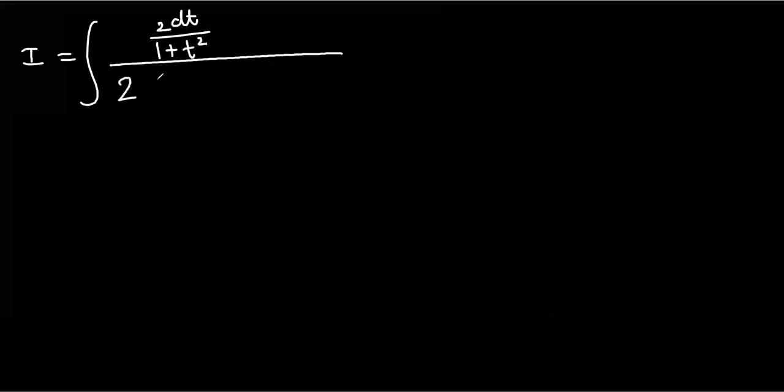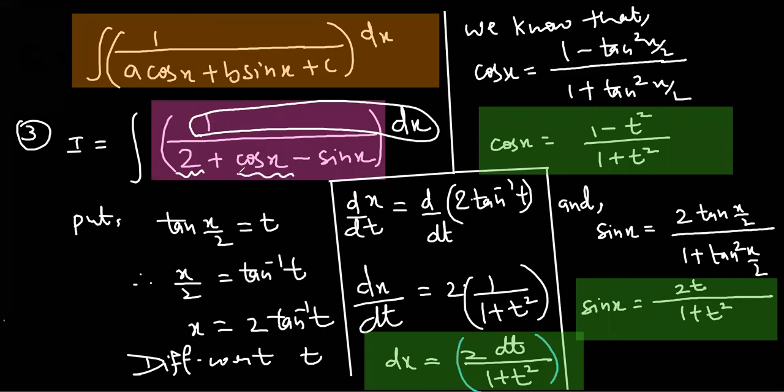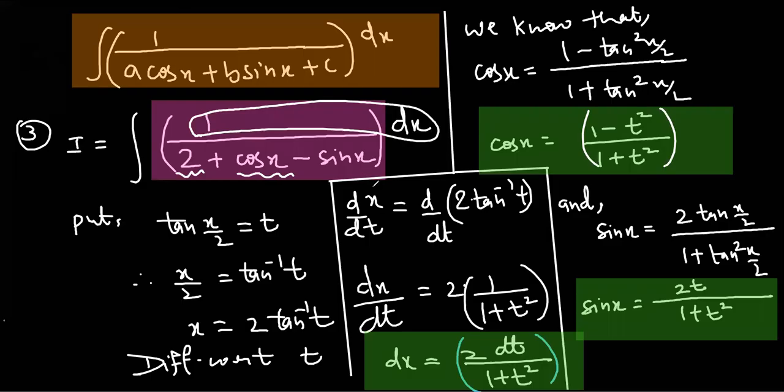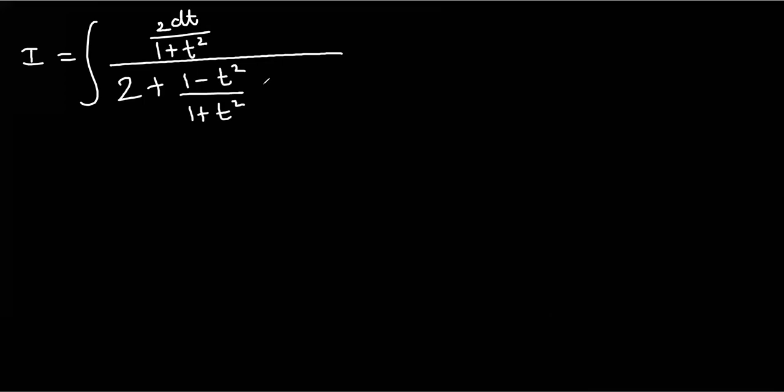Then you have 2 written as it is, plus cos x. For cos x, you are writing 1 minus t square over 1 plus t square. Then you have minus sin x. For sin x, you write minus 2t over 1 plus t square.